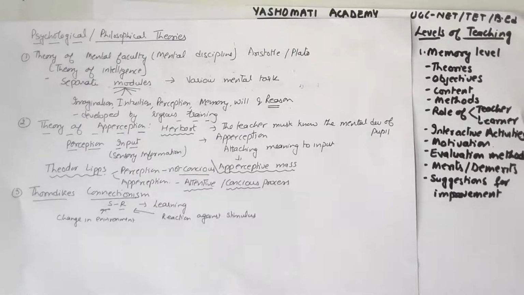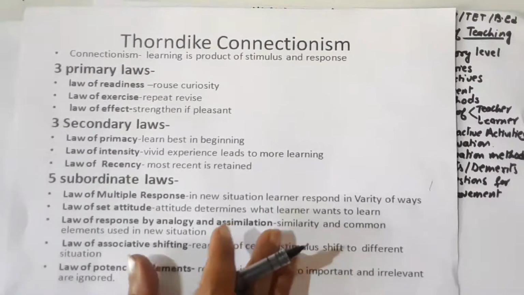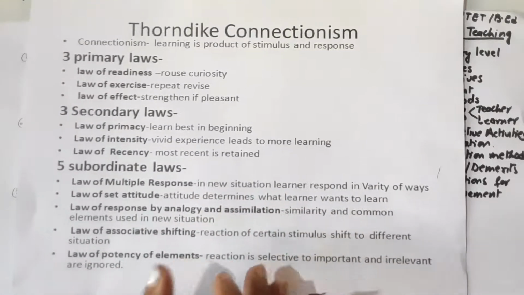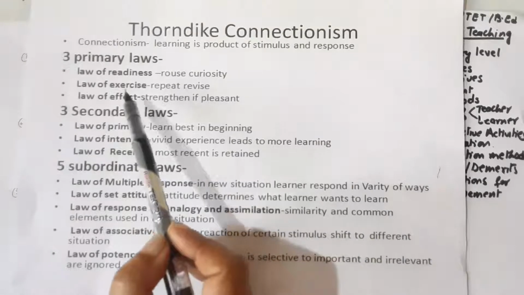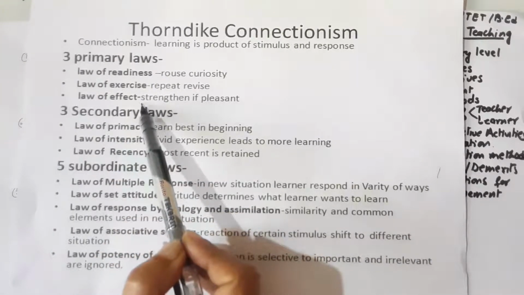Thorndike proposed different laws for learning, and these laws are called primary laws, secondary laws and subordinate laws. The three primary laws are the law of readiness, law of exercise and law of effect.